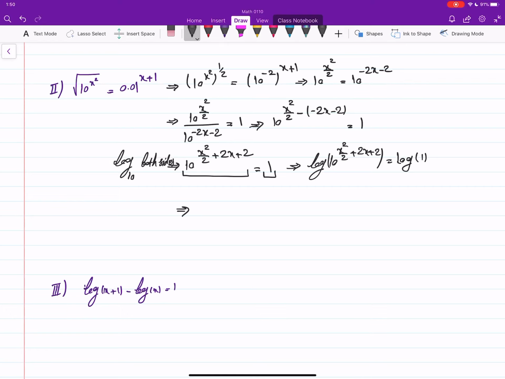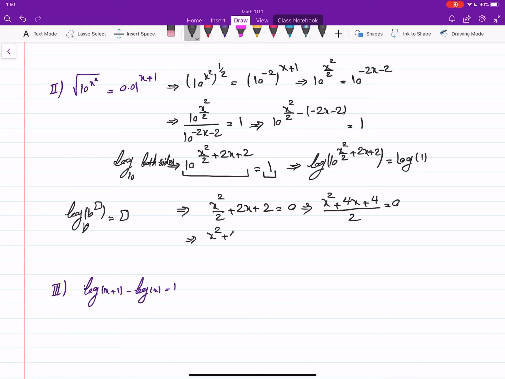Inverse property, log base b of b to the power box is box. So this will give us x squared over 2 plus 2x plus 2 equals log of 1 in any base, which is 0. Well, this is now a quadratic equation. We just need to find a way to solve it. For quadratic ones, we have 2 ways to do it.